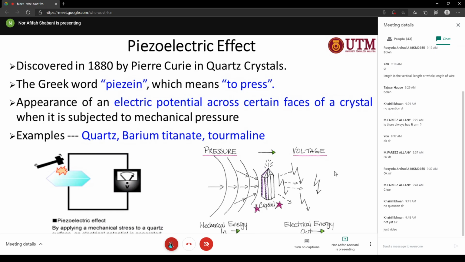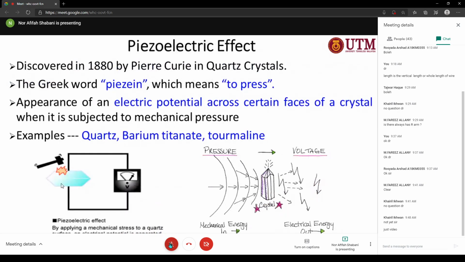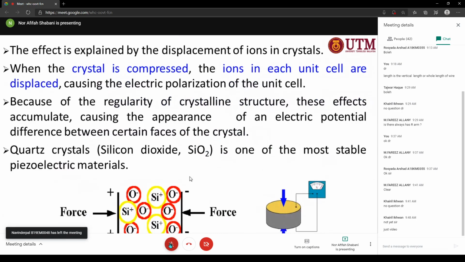And the good thing about this piezoelectric is that it can act as a sensor, because we give some physical input. And it also can act as an actuator. So let's look at this.